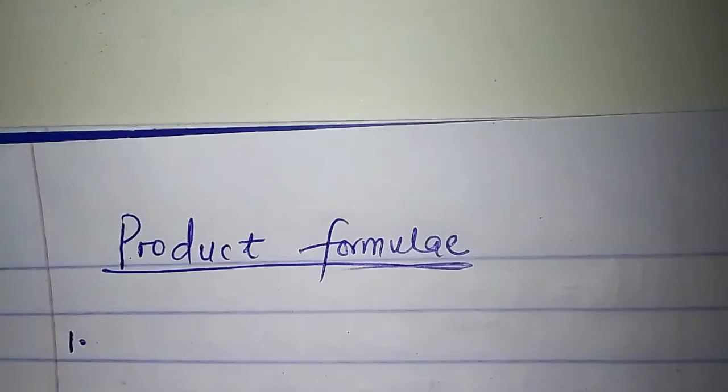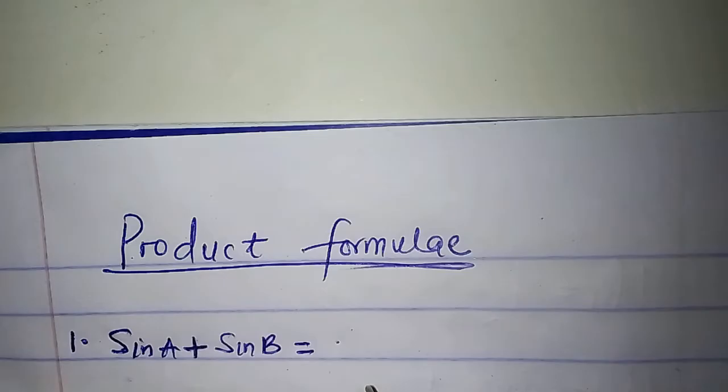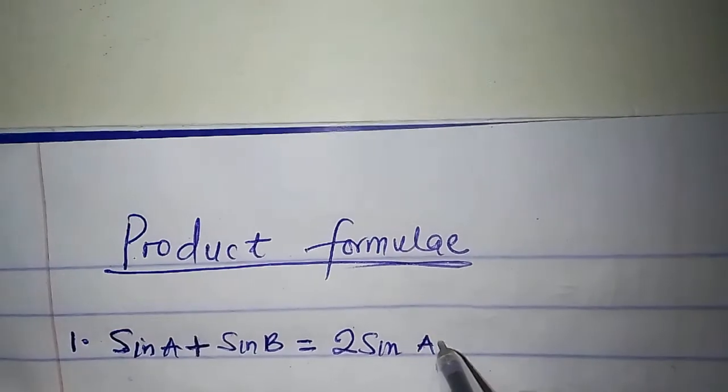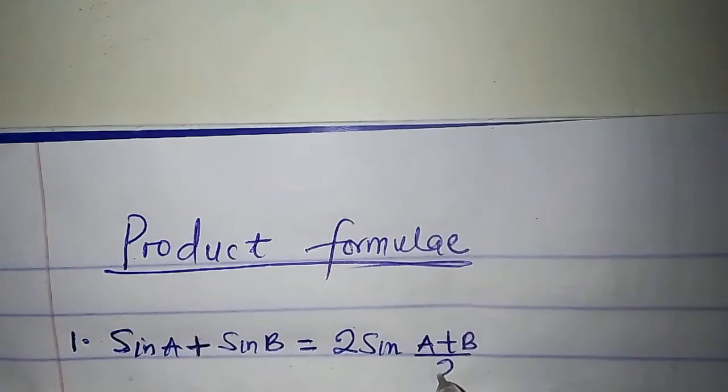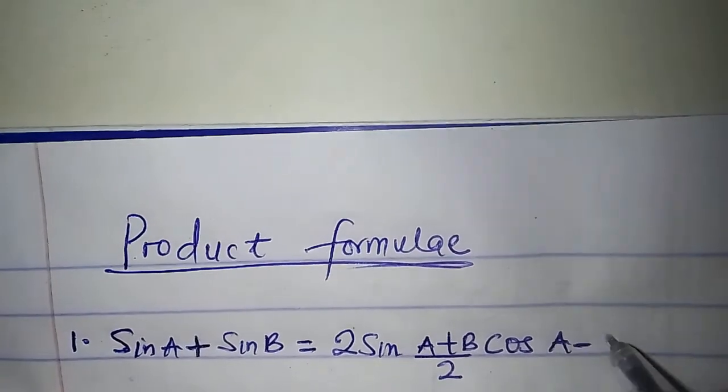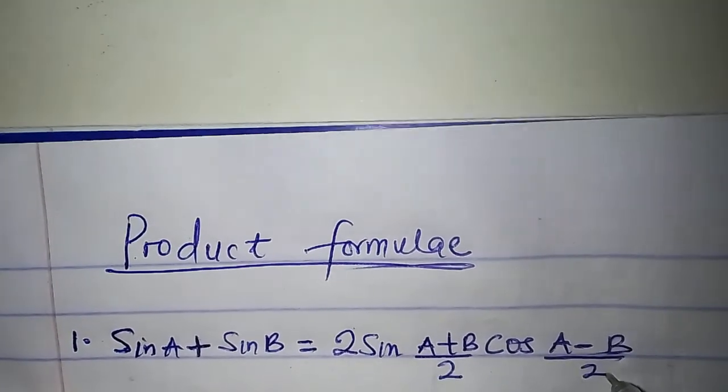The factor formulas are: sin A plus sin B is equal to 2 sin (A plus B) all over 2 cos (A minus B) all over 2.